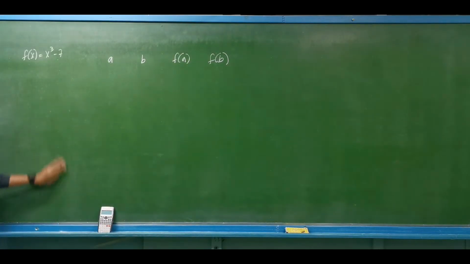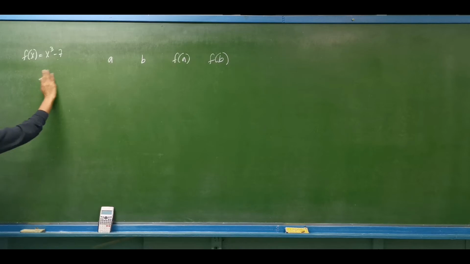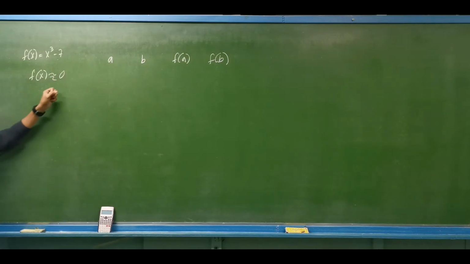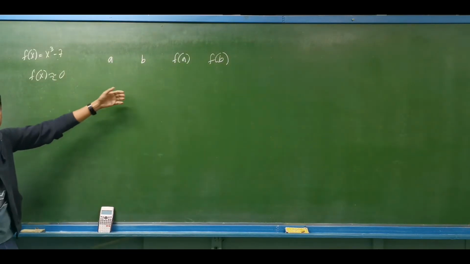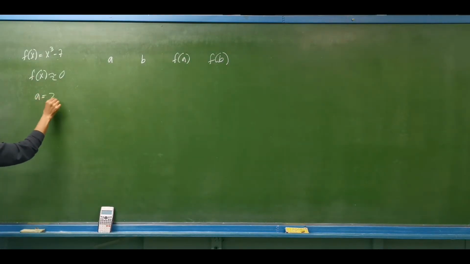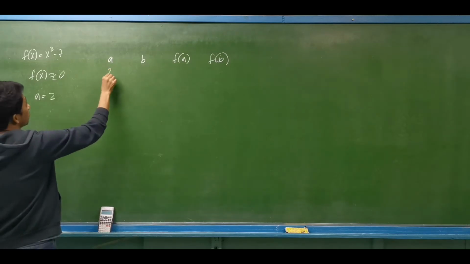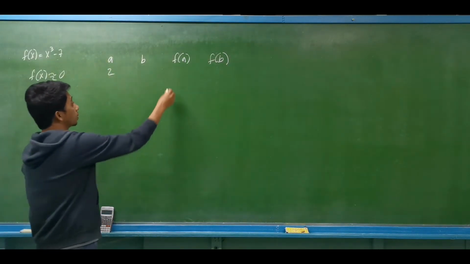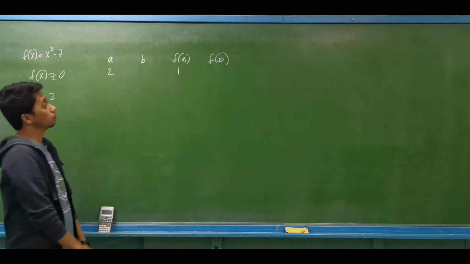We have the function f of x equal to x cubed minus 7. Basically, our goal is to have a value of x that makes the function approximately equal to 0. Let us give our first guess for the value of a, let's say 2. That is 2 cubed minus 7, 8 minus 7, which is positive 1.